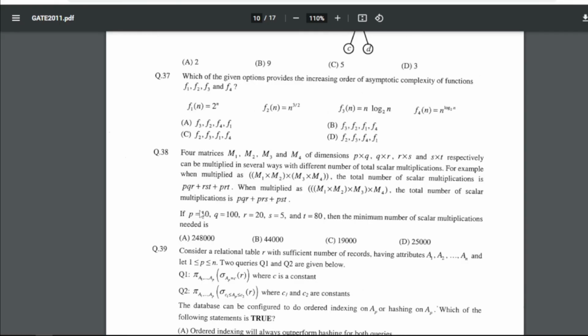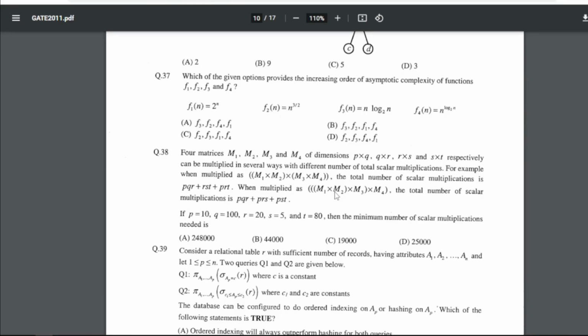38: Four matrices M1, M2, M3 and M4 of dimensions p into q, q into r, r into s and s into t respectively can be multiplied in several ways with different numbers of total scalar multiplications. For example, when multiplied as (M1 into M2) into (M3 into M4), the total number of scalar multiplications is pqr plus rst plus prt.